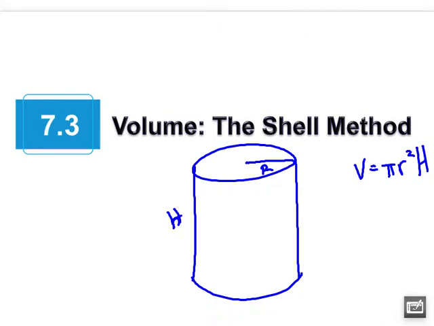Now we're going to make something a little bit more interesting. We're going to take that cylinder and we're going to punch a hole through it. Well, this would be dashed. And when you punch the hole through that cylinder, you get a weird shape.